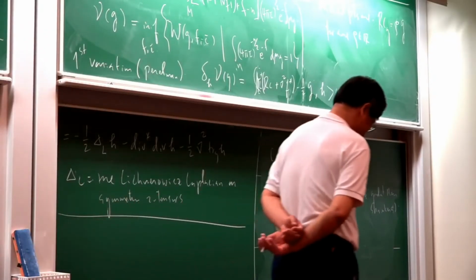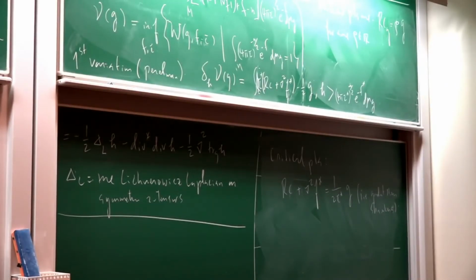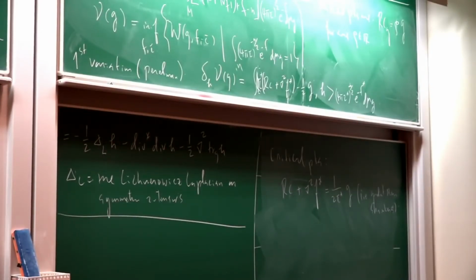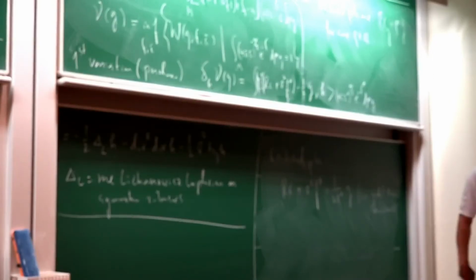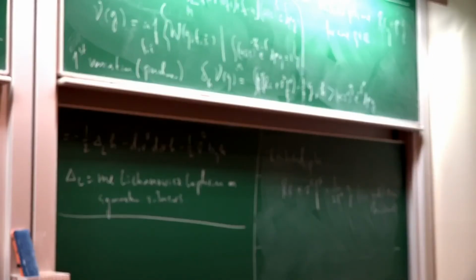Then, as Jopin pointed out, like in their work with Ovidio in dimension 4 at least, you can hopefully reduce the full curvature tensor more to the Ricci part and go on. But anyway, that's the question.